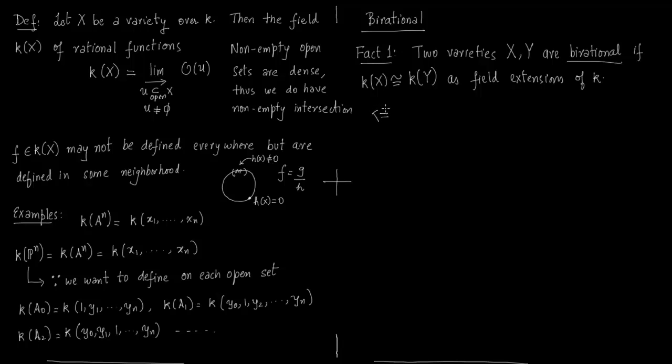So now we are talking about when are two varieties birational. So two varieties are birational if some non-empty open subset of X is iso to some non-empty open subset of Y. So you can check the definition of birational, and you will see it just consists of rational functions and their inverses.